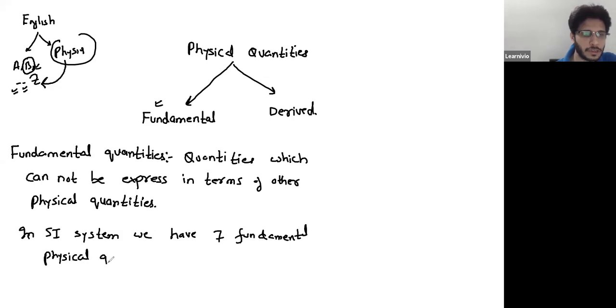Fundamental physical quantities. So I assume that you people are aware of SI and CGS units.